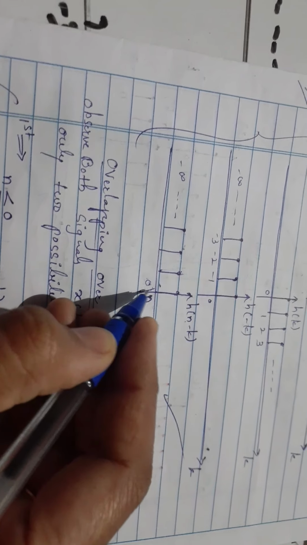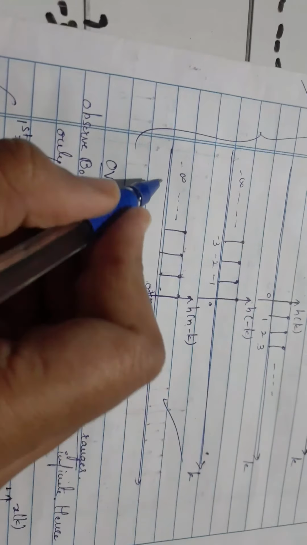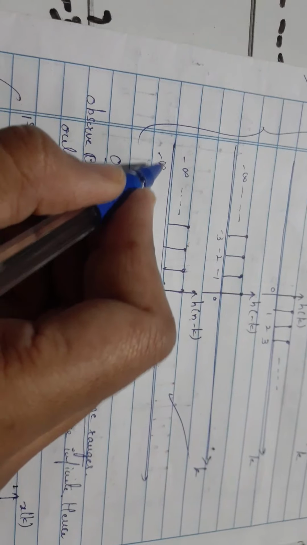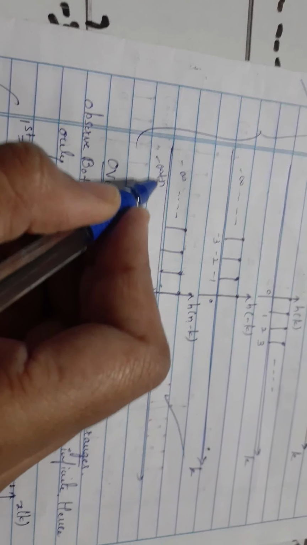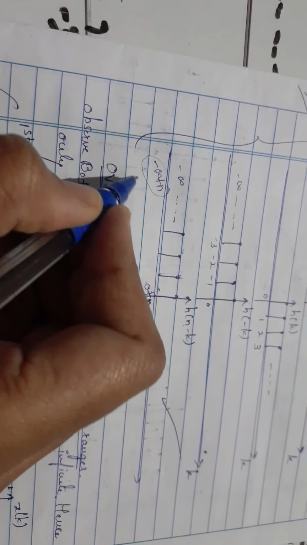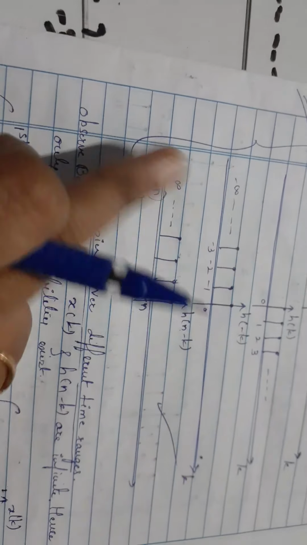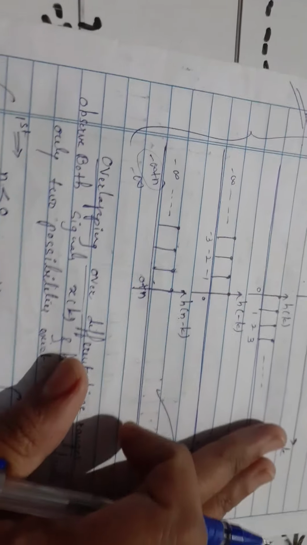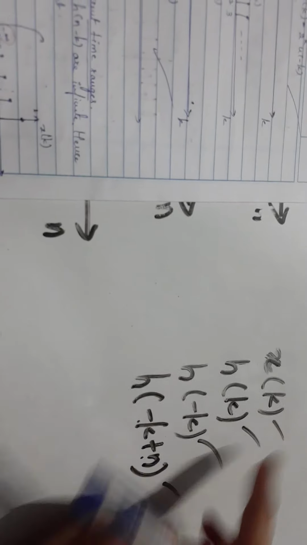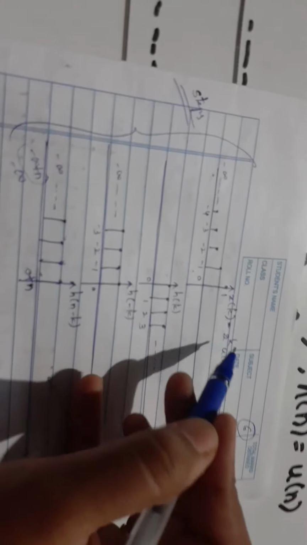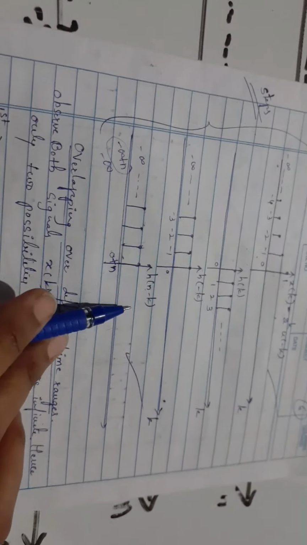If you add simply n, it is 0 plus n, and here it is minus infinity plus n, but whatever you add to infinity, it will remain infinity itself. So it is minus infinity up to n. This is h of n minus k. So we have followed the steps and we have got both the signals. We have got x of k, we have got h of n minus k.